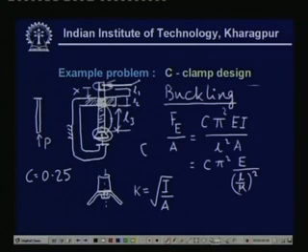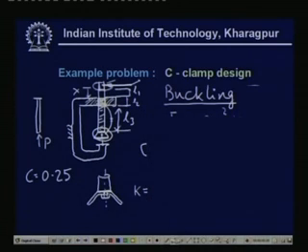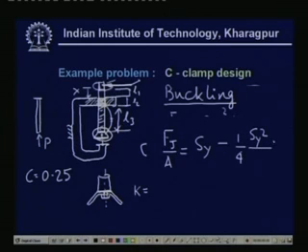Now, if you remember this formula, then Johnson's formula will be given by this one, where F_Johnson divided by A will be equal to the yield strength minus one fourth of yield strength square divided by F_E by A. So, this is a parabolic formula given by Johnson.